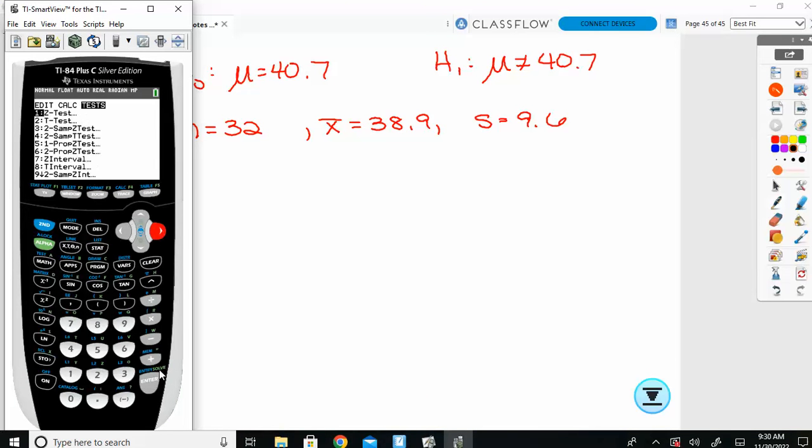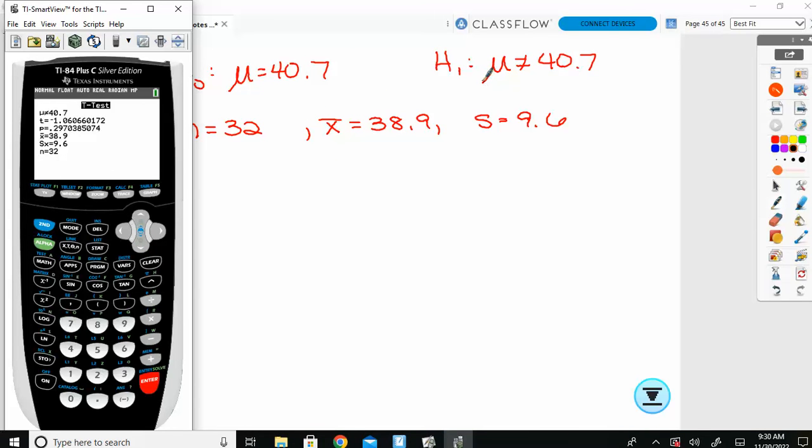So if we go through stat, test, number 2, T-Test, because we're talking about the mean, we're going to input stats. Mu sub 0, the mean of the null, is 40.7. X bar, the mean of our sample, 38.9. Standard deviation of the sample was 9.6. N is 32. We are testing not equal.